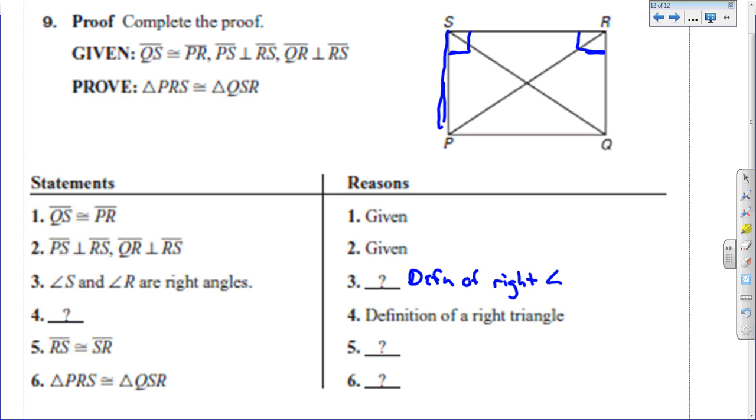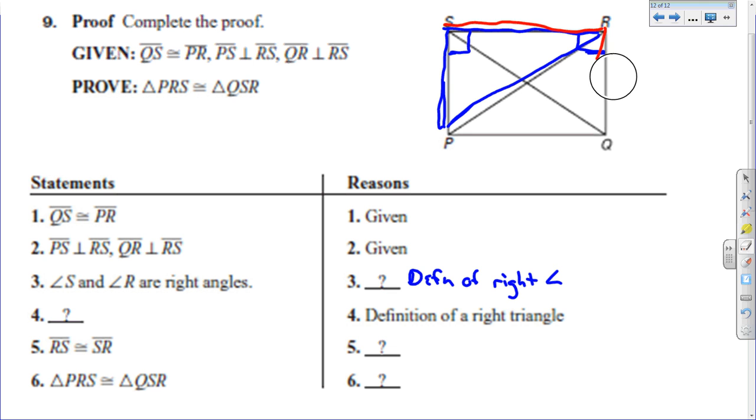So you have this right angle, then the third side of that would be there, right? And then you have this right angle, like that.